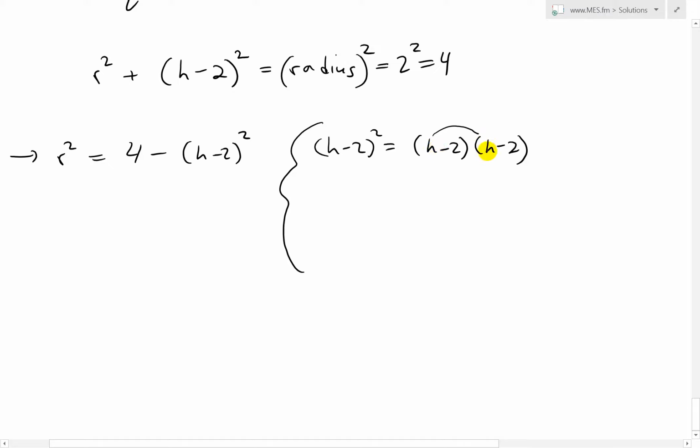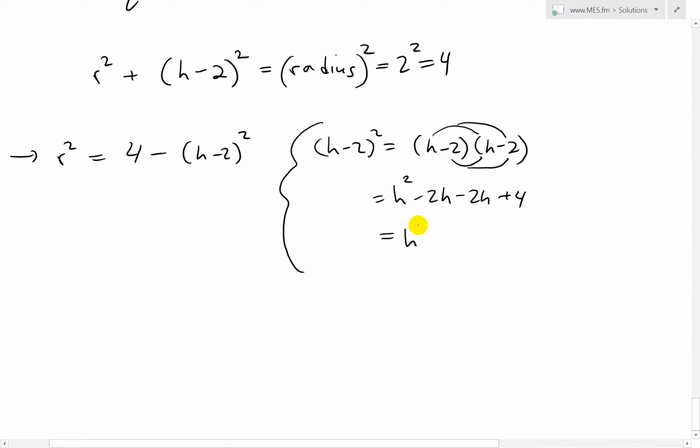So you multiply the first terms, which equals h squared, added to h times negative 2, which is negative 2h. Then from the next one, negative 2 times h, and the last one, negative 2 times negative 2, which is plus 4.